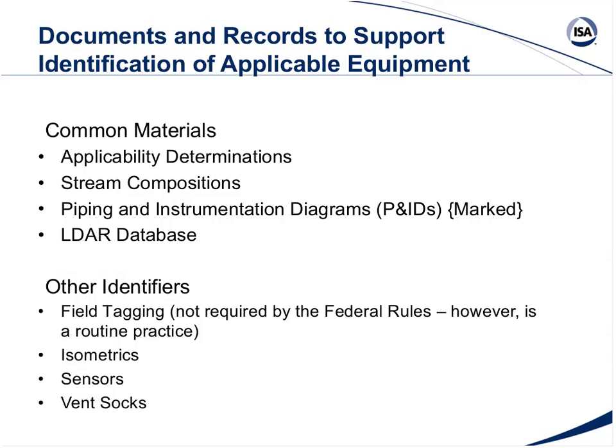Any kind of other sensors, now we're seeing a lot more sensors in terms of pressure release devices. There are other sensors that you can use to determine whether or not you've had a leak. Vent socks are good. Other kinds of flags are good, pop-ups, depending on your material. So we've got those things that are out there.